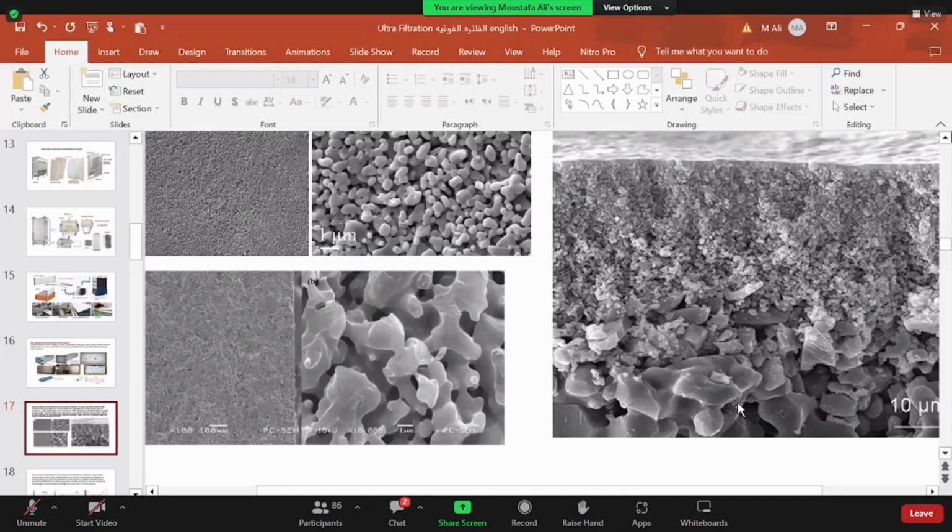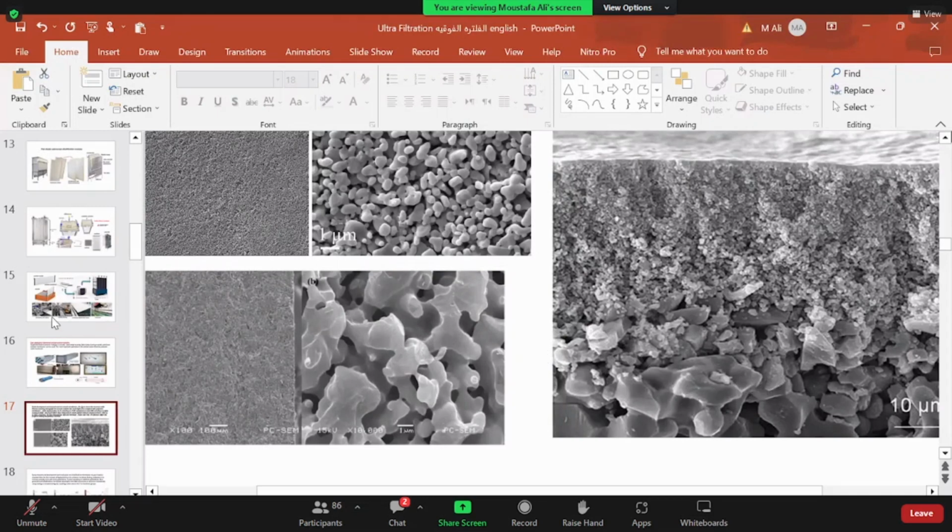What is incipient melting? Incipient melting is the fusion of the particle edges so they stick to each other like that. You can see here the cut part, the particles are just stuck to each other to preserve the porosity of the formed structure.